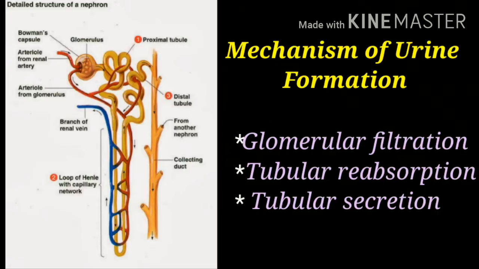The second one is tubular reabsorption. The filtrate in the proximal tubule consists of essential substances such as glucose, amino acids, vitamins, sodium, potassium, bicarbonates and water that are reabsorbed into the blood by a process of selective reabsorption.